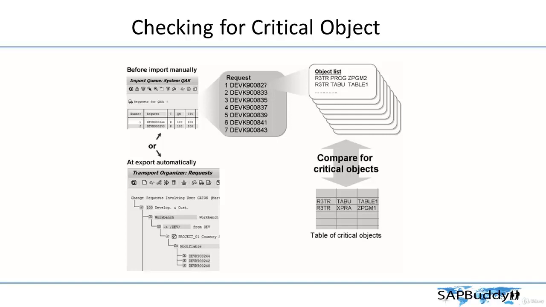Before importing the transport, you can manually perform the check to find if the request has any critical object. Otherwise, during the import, we have TP parameters which can also check this particular critical object. So it is very important that we check all the critical objects in the import queue before we start importing. If you go to our SAP system, you can also check it there.